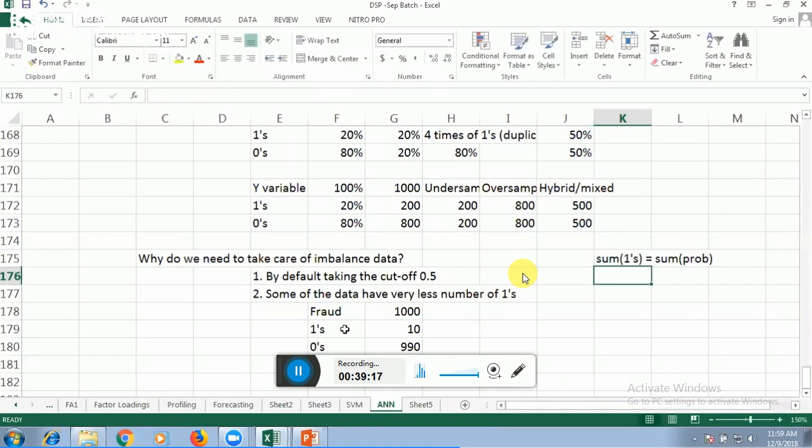If you have a very small number of ones, it's very difficult to differentiate zeros and ones. Now you have more ones, and I'm able to differentiate zeros and ones because the probability value will go to the higher side. Okay, now I got it. Thank you. So this is the underlying concept about balance and imbalance.